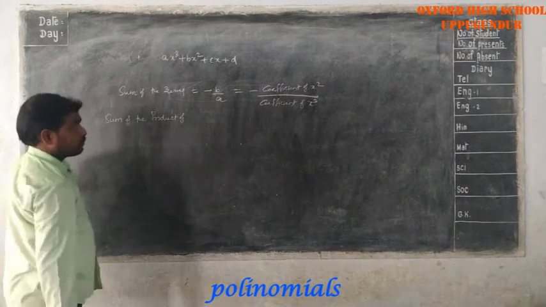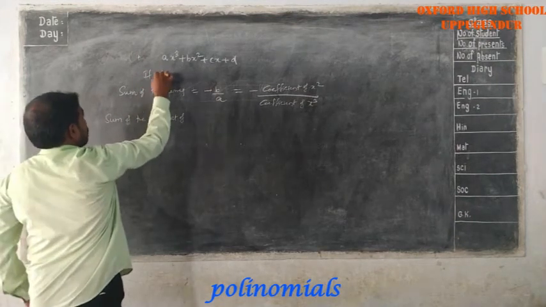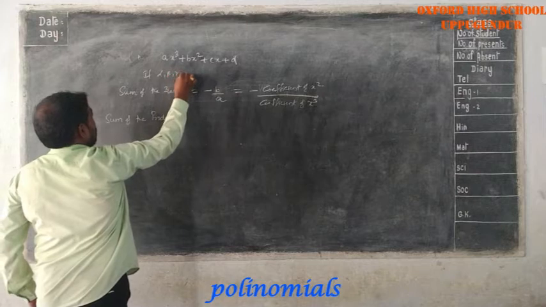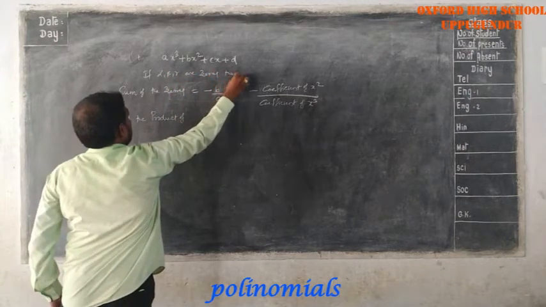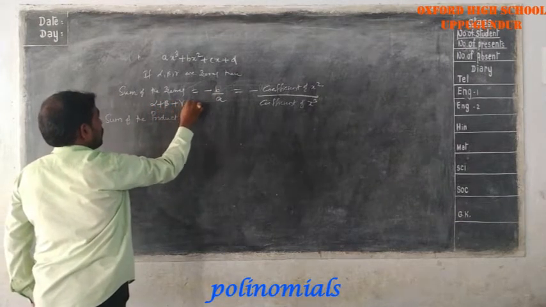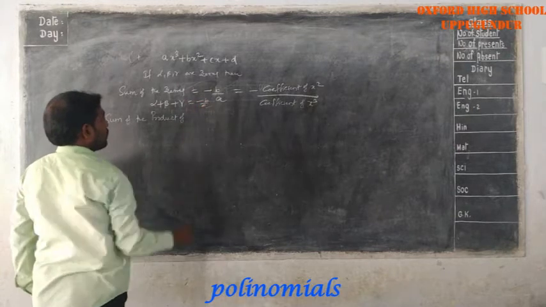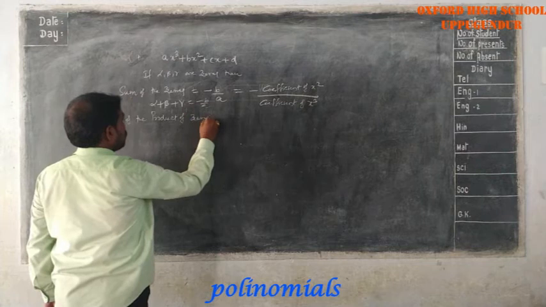If alpha, beta, gamma are zeros, then the sum of the zeros means alpha plus beta plus gamma equals minus b by a.